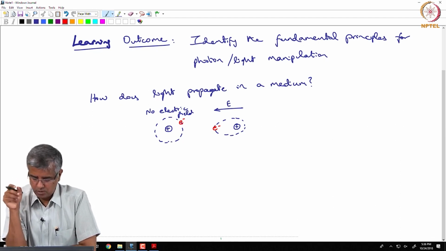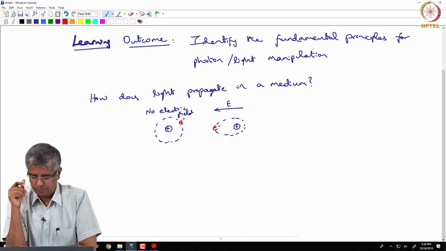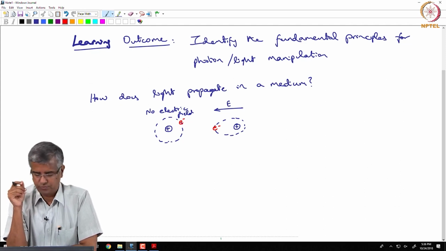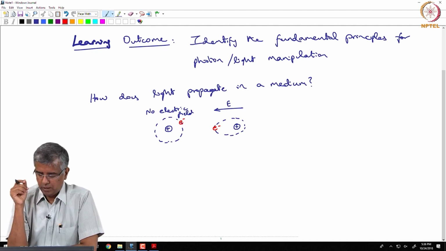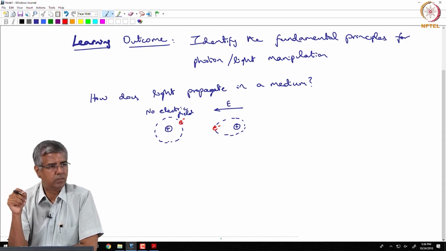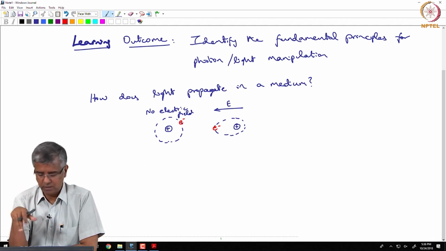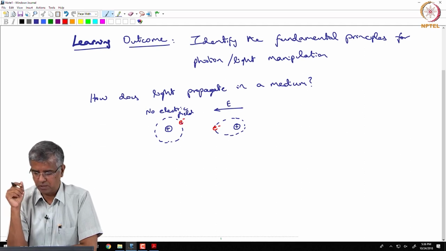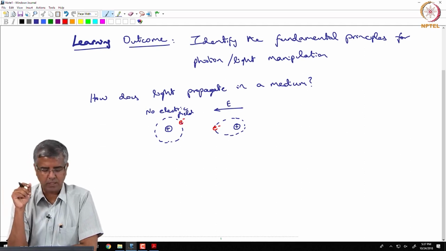The valence electrons, the orbital is going to get sort of polarized. Okay. Now, that essentially means that there is actually a displacement of an electron in its orbital. It is still orbiting this positively charged nucleus, but there has been a displacement.